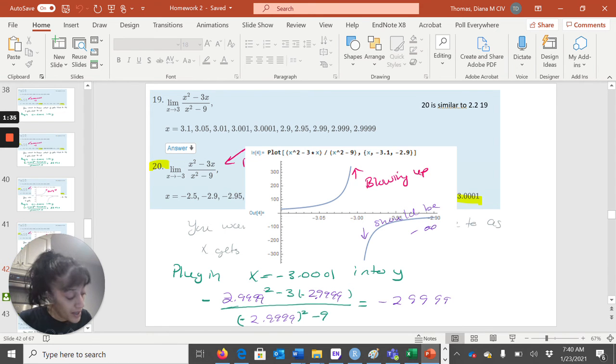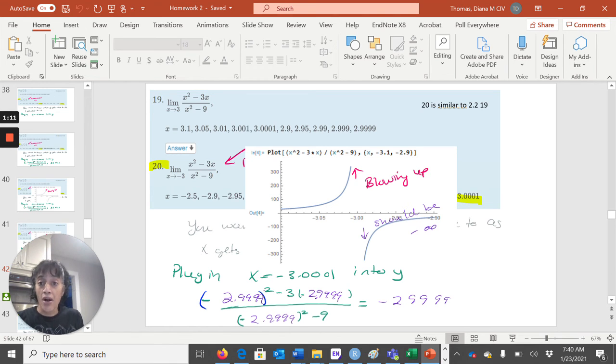And so when I plug that in, I get negative 29,999, which effectively is negative infinity. So I do see numerically what I see on the graph. And so with the left and right limit, there's an asymptote there. It's classified as a limit that does not exist.